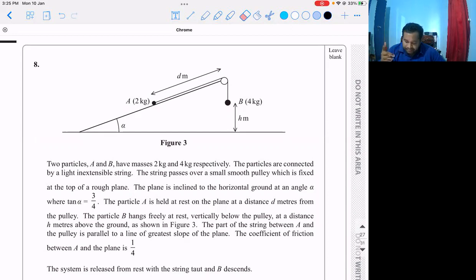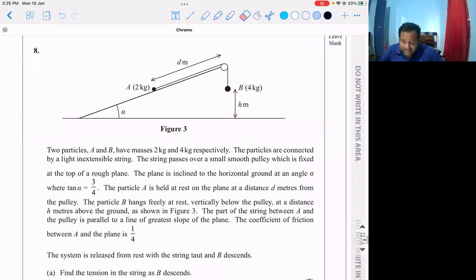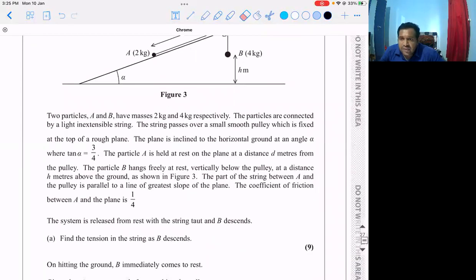Two particles A and B have masses 2 kilograms and 4 kilograms respectively. The particles are connected by a light inextensible string. The string passes over a small pulley which is fixed at the top of the rough plane. The plane is inclined to the horizontal ground at an angle alpha, where tan alpha is 3/4.